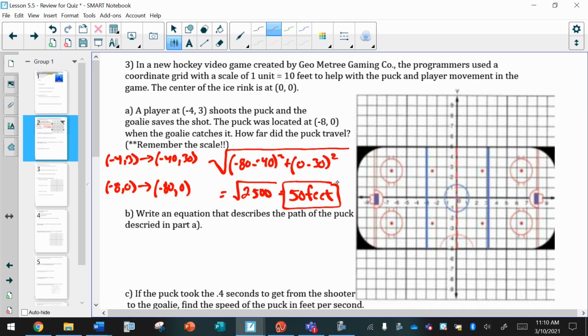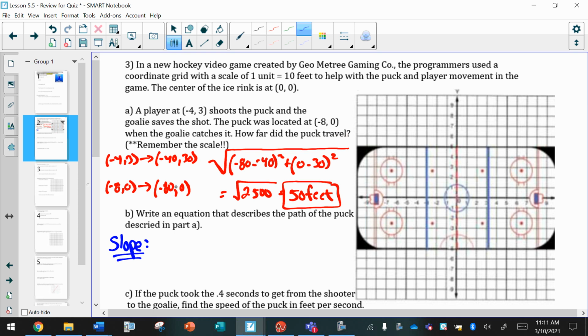Part B, write an equation that describes the path of the puck. So in order to write the equation, we need the slope and then a position point, so we can use point slope formula. Well, we have 2 different position points to choose from, so really what I have to do is just figure out my slope. So slope is y2 minus y1 over x2 minus x1. It doesn't matter if you do it in terms of the original points or the scaled points, because the scale factor will just divide out anyways.